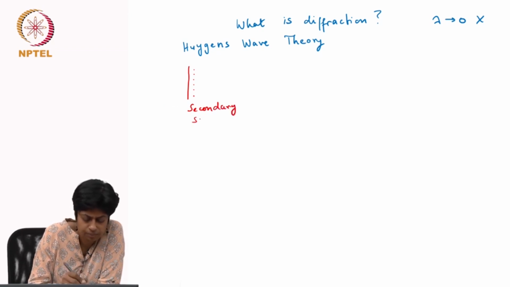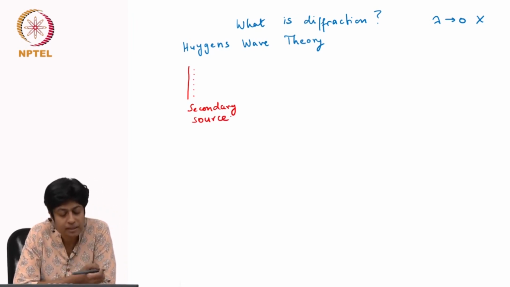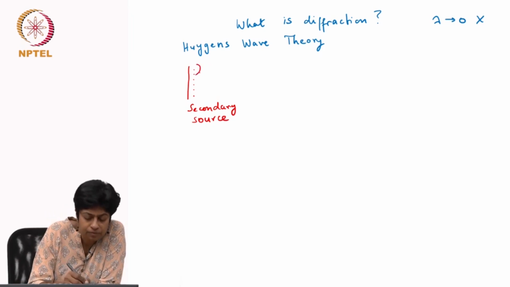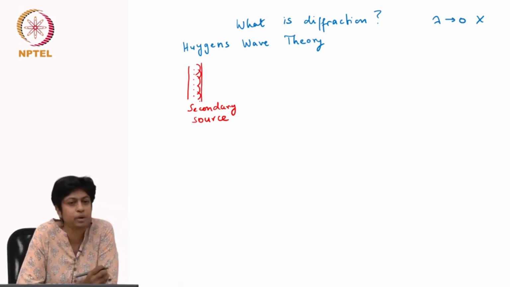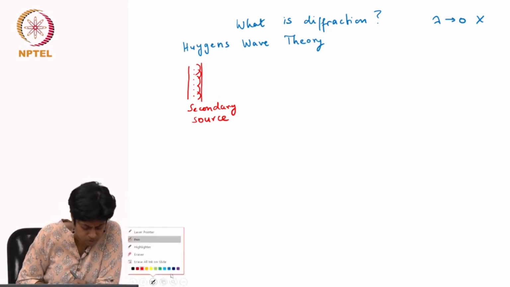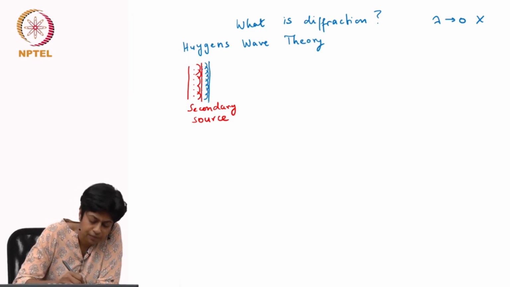So every point is acting as a secondary source. What does that mean? From each one of these points, you get another wave. And in fact, that's how the plane wave propagates. Every point acts as a secondary source, and I get another set of waves from these secondary sources, and I have the plane wave.